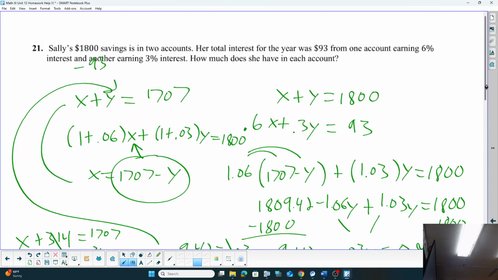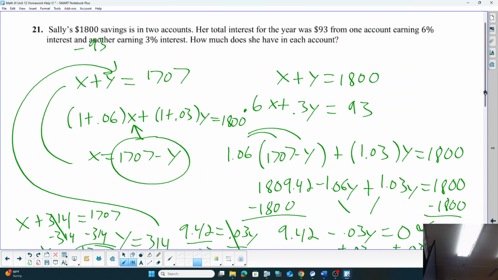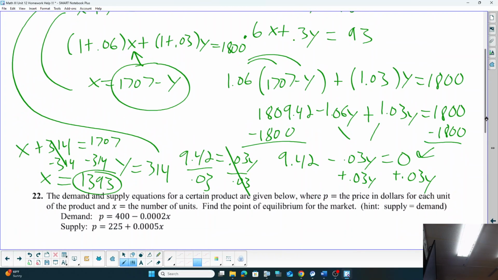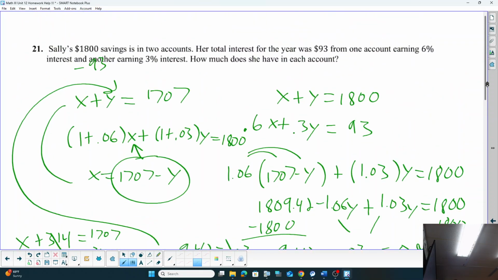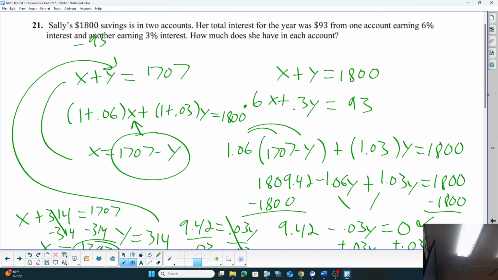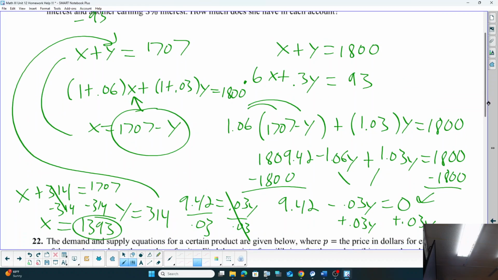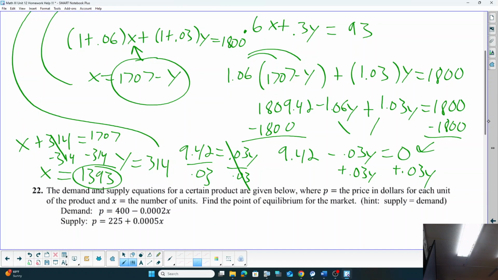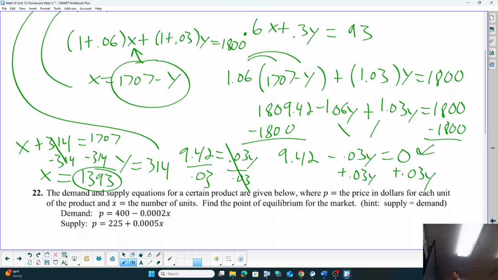1393 times the 1.06 will give us our interest, right? Our interest for each account. How much does she have in each account? So I guess with interest, I don't know. I mean, those answers seem pretty good there. It was the y equals 314 and 1393. It's saying we should probably times that by the interest to see how much with interest it is, I guess. I don't know.